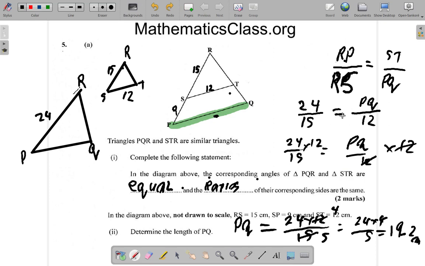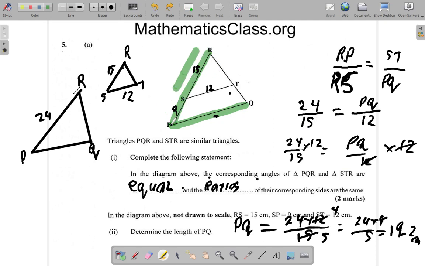So all of this over this, big over small triangle side, 24 over 15. Good.